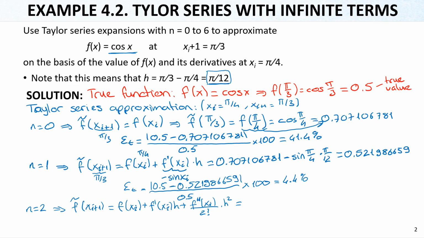And if we write this, we know that this value is 0.52198669 from here. And the second, we need the second derivative. This one is actually again the derivative of this, which is minus cosine xi.